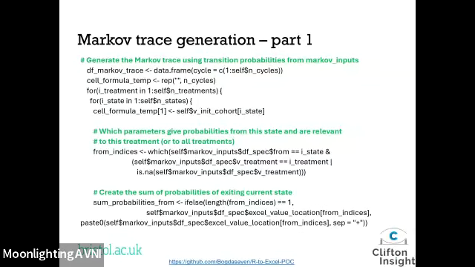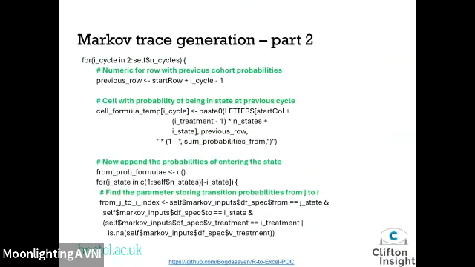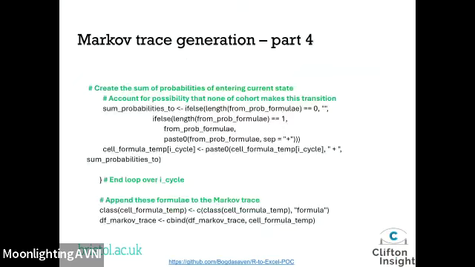We need to work out the sum of the probabilities of exiting the state. To do that, we look at all the states that are from and add them all together using paste statements. We can then generate numeric rows for the previous cohort probabilities. You can see the probability that's been in the previous state. We append them together, and so we can add everything up and generate the Markov trace.